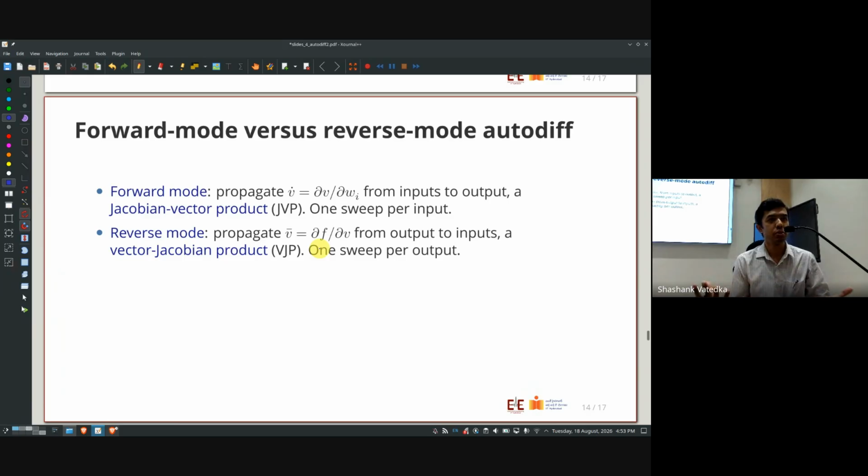At each node v, we computed the value of v and v bar, which is the partial derivative of the function that we want to compute with respect to v.